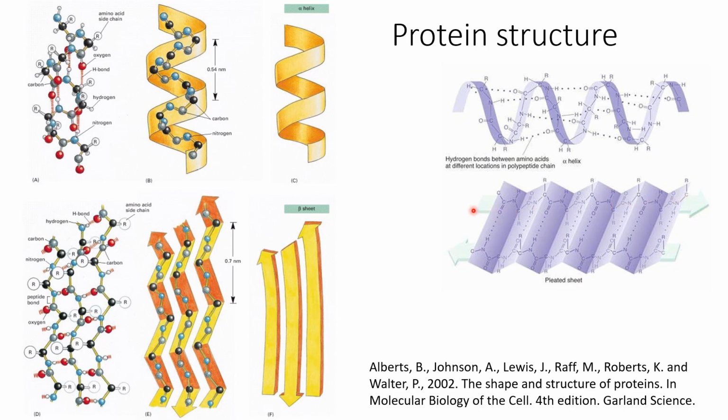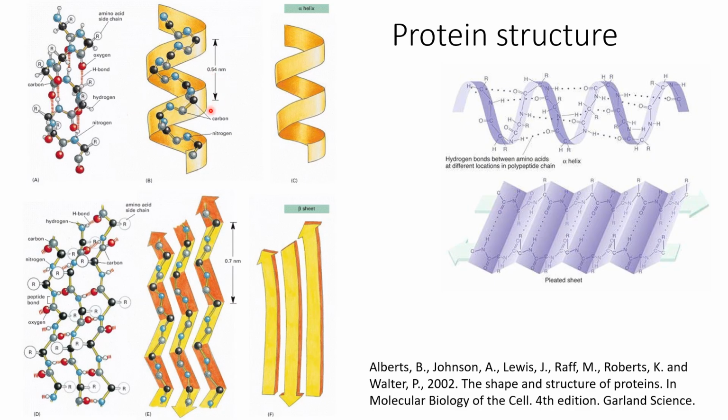In the beta pleats you have one chain directed this way and another chain going the opposite direction, whereas in the hair version, the alpha helix, the hydrogen bonding occurs within the same amino acid strand. That's the key takeaway: the hydrogen bonding occurs within the same strand rather than between two different strands as in the beta pleated sheet.